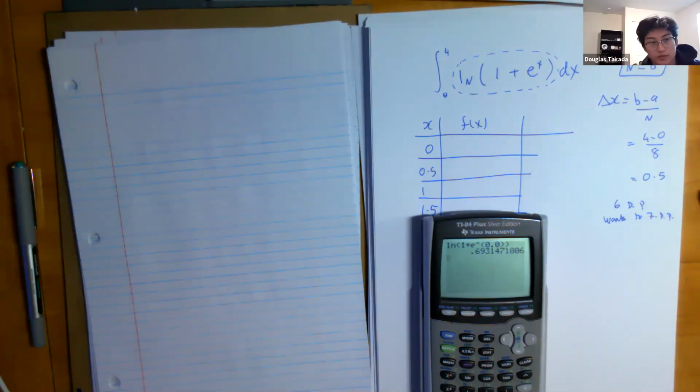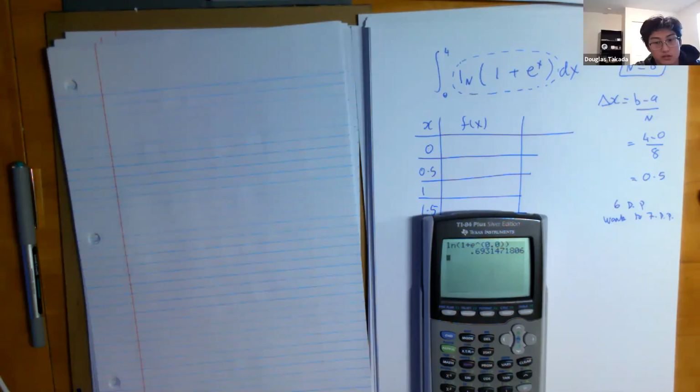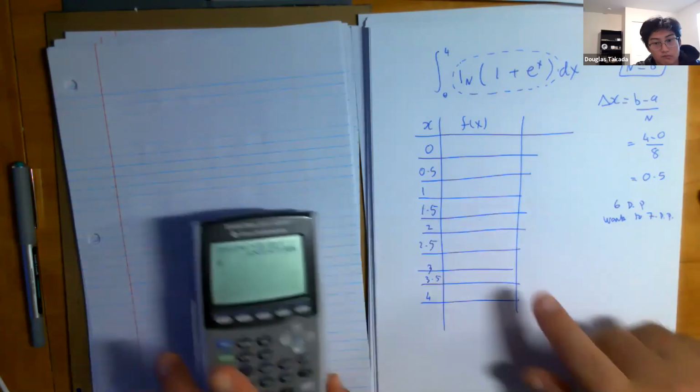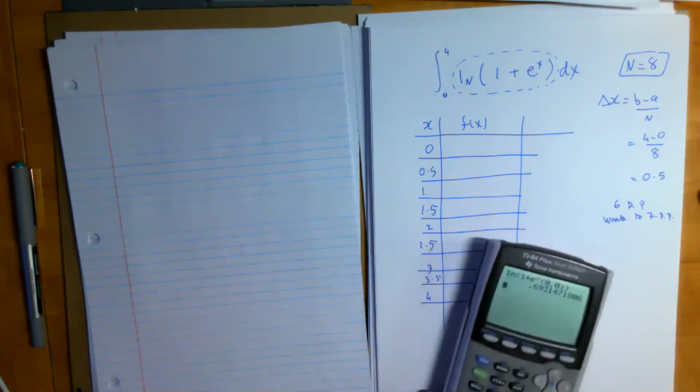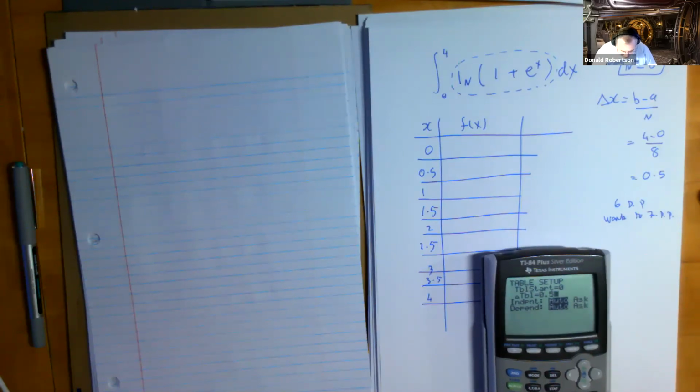So what worked for me is if you hover over the numbers, it actually shows you on the bottom right. If you hover over the numbers. Yeah, if you go back to your table, on your calculator. Here, yeah. If I go to table, okay, so I'm on table. I'm going to go 0, 0.5.